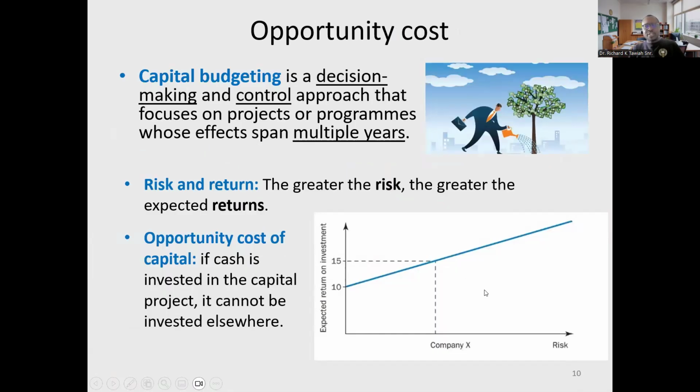There is always an opportunity cost, okay? Why would I put up a building, or why would I expand this business in another territory, whereas I could have used that money or invested that money in the stocks or in the shares? Okay, so a capital budgeting or capital investment decision typically deals with making a decision and taking control. The idea is that here you want your programs and projects to span over multiple years.